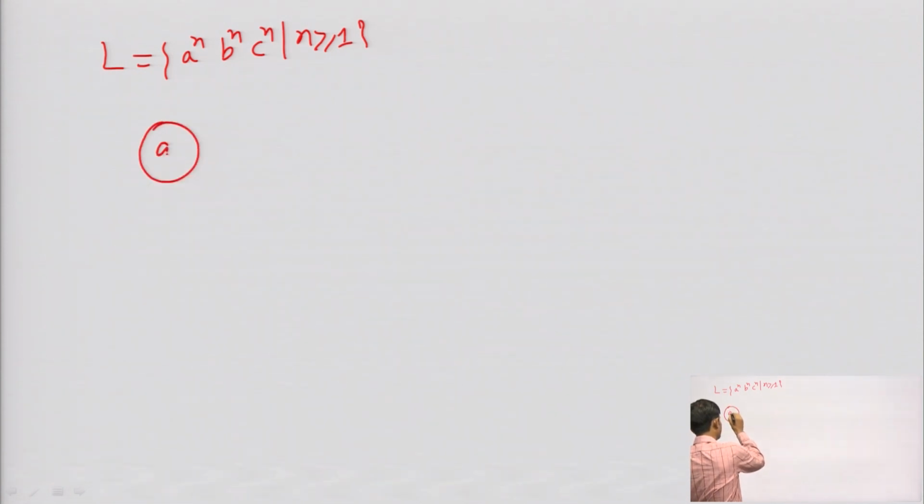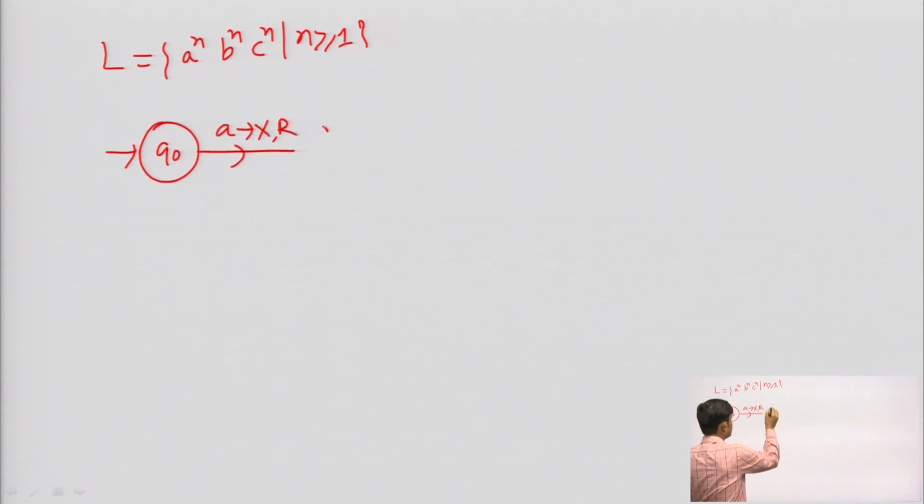So you have to take this q0, and this is a, and this is X, and right. Now this is q1. For the first a on the tape you replace it by X and move right.